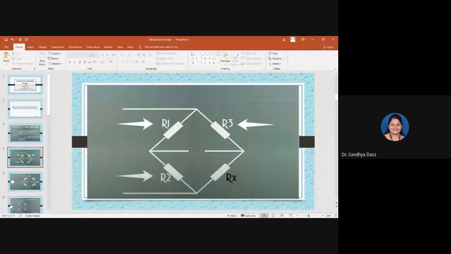In one of the arms, you will connect your unknown resistance, whose value you want to measure, right?